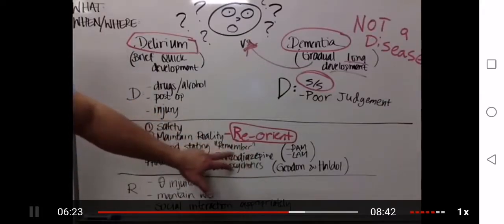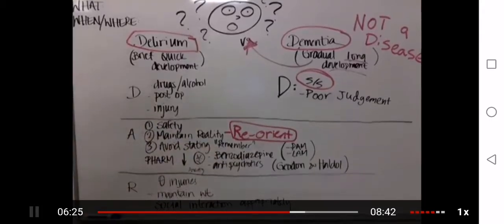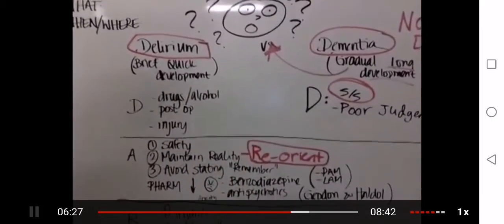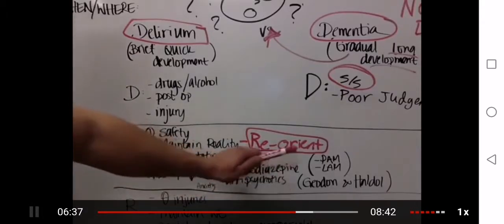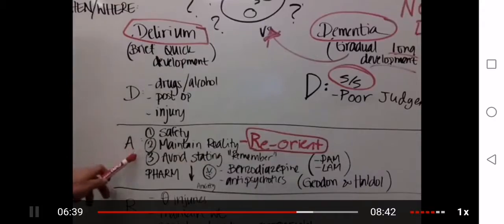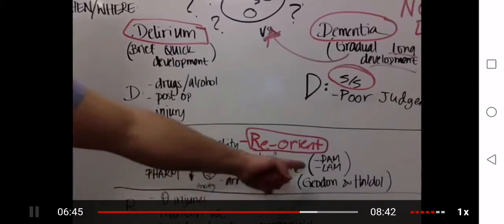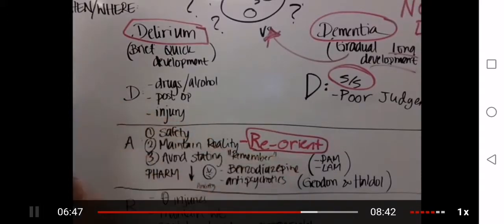But if you don't want to fight, and if you want to make your patient like you, just reorient him. It gets very redundant, trust me. When you have a 12-hour shift and you have to watch a guy trying to get out of bed, it's aggravating. But always reorient.